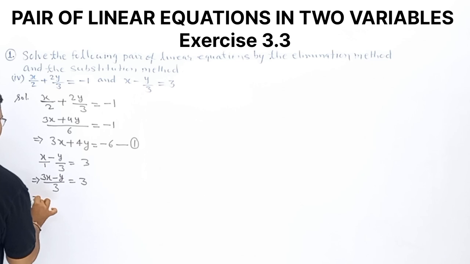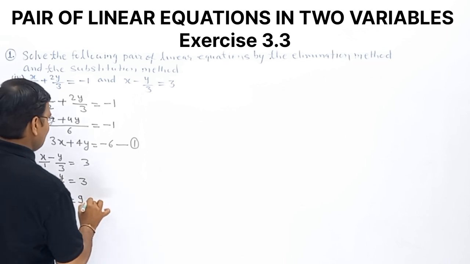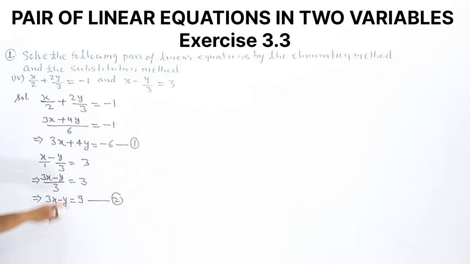Do the cross multiplication: 3x minus y equal to 9, and this is equation number 2. So we obtained two linear equations in two variables.